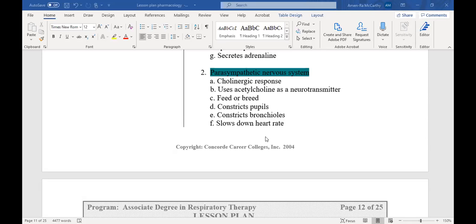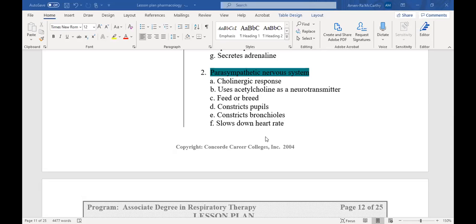All right, so tell me this. If I have a problem, say my acetylcholine is real active in my body, causing the cholinergic response. So Ms. Woods, if my body is experiencing cholinergic stimulation, tell me one thing that's happening to me. Your pupils will constrict.